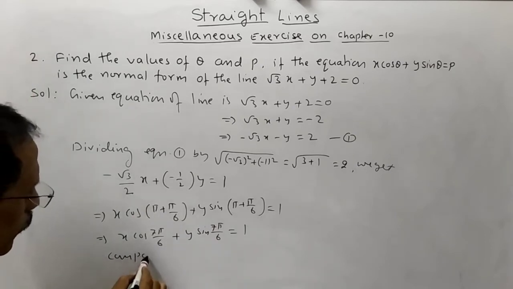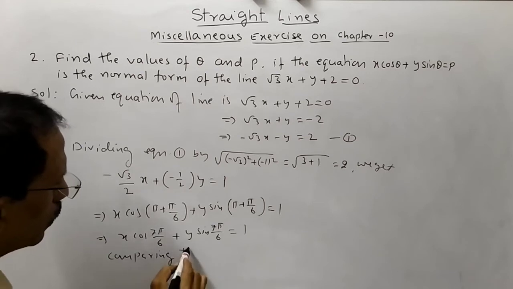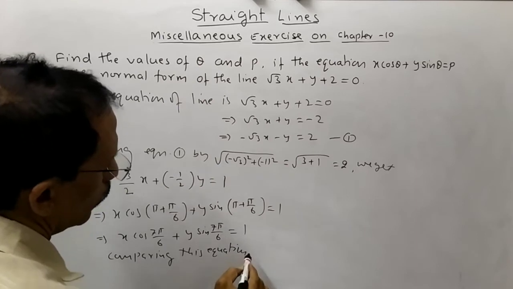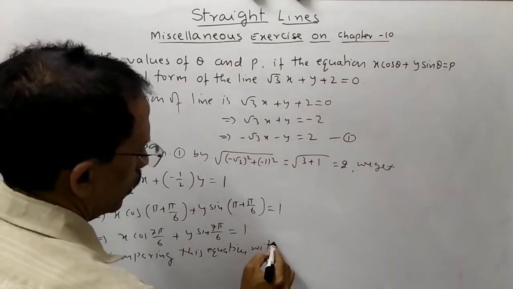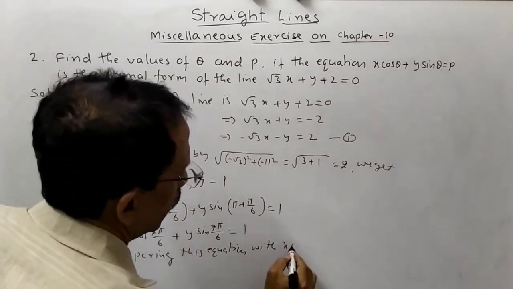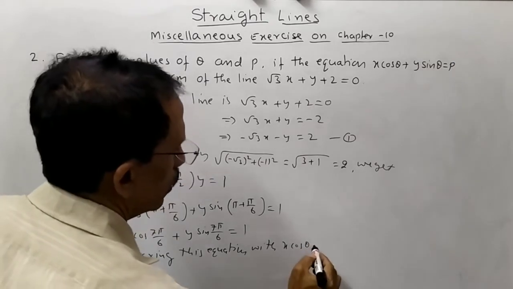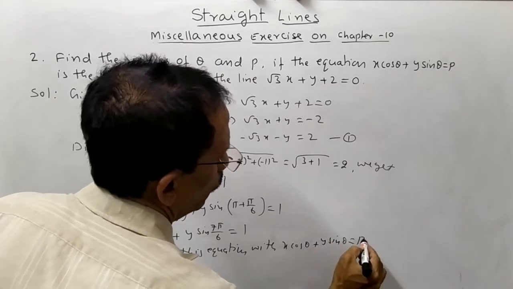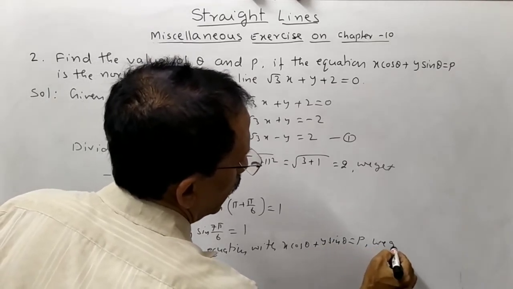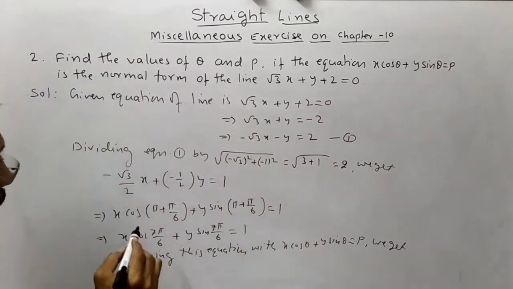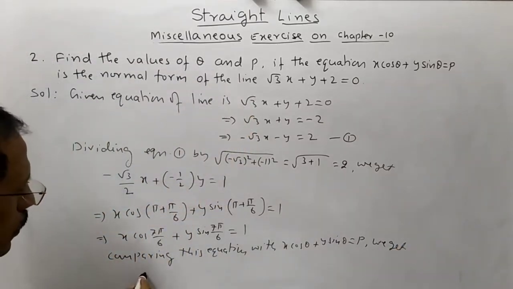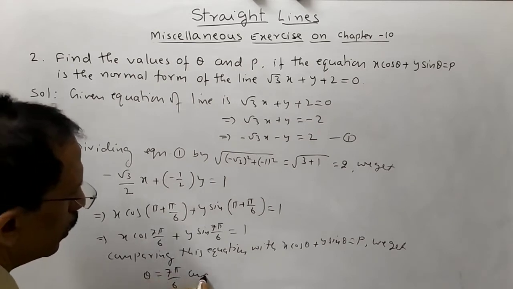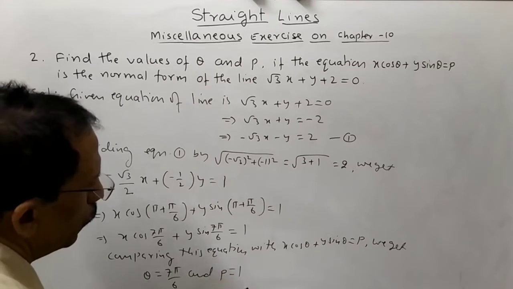Comparing this equation with x cos theta plus y sin theta is equal to p, we get theta is equal to 7 pi by 6 and p is equal to 1.